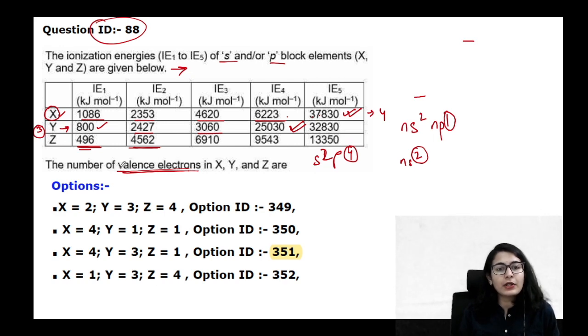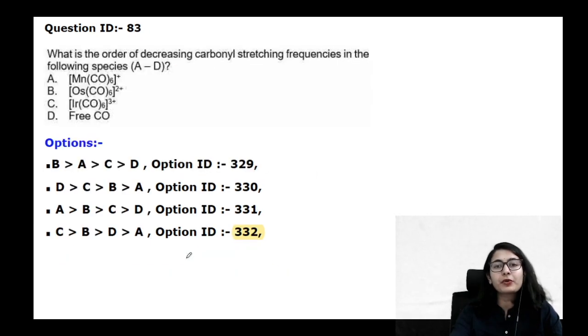You are clearly going to see that it is having only one unpaired electron because the energy jump is too high, higher than the Y also. So you have only one valence electron over here. So this is your answer: X equals 4, Y equals 3, and Z equals 1, right? This is a purely aptitude type question, right?